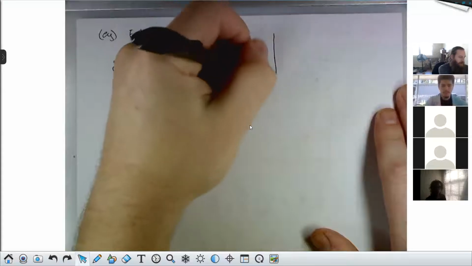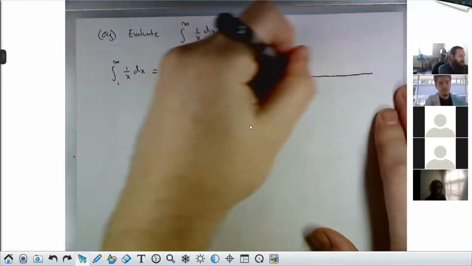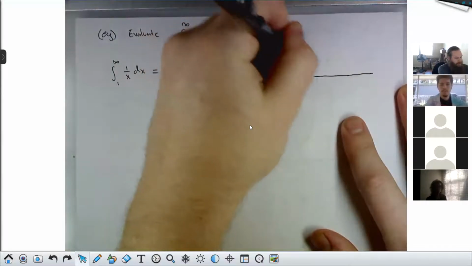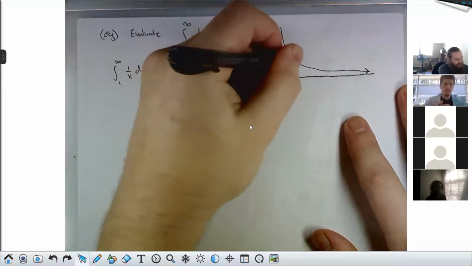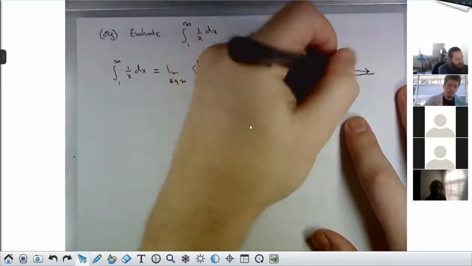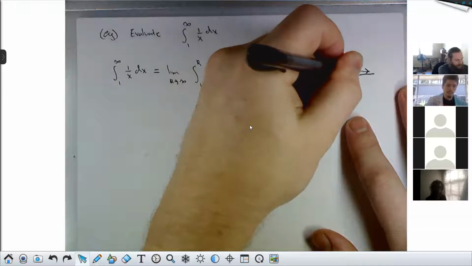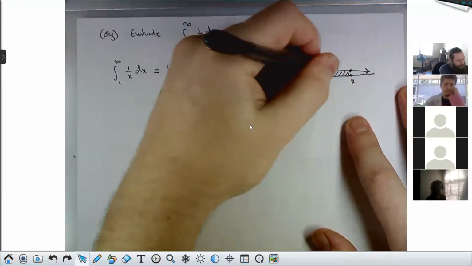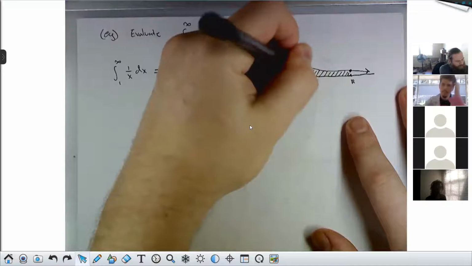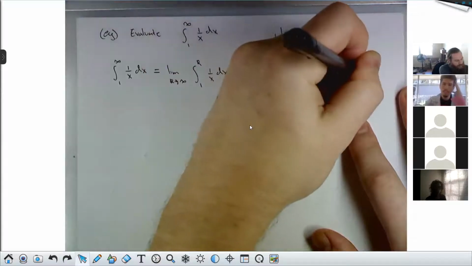What that integral is doing is finding a formula for the area from 1 here out to some number r here. And once we have a formula for this area, I'm going to send r off to infinity.